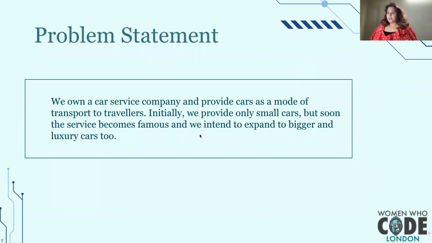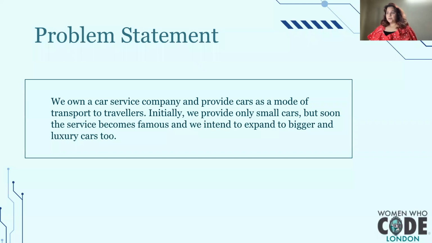Factory pattern. Now let's consider this scenario where we are owning a car service company, and we provide cars as a means of transport to our travelers or the users.